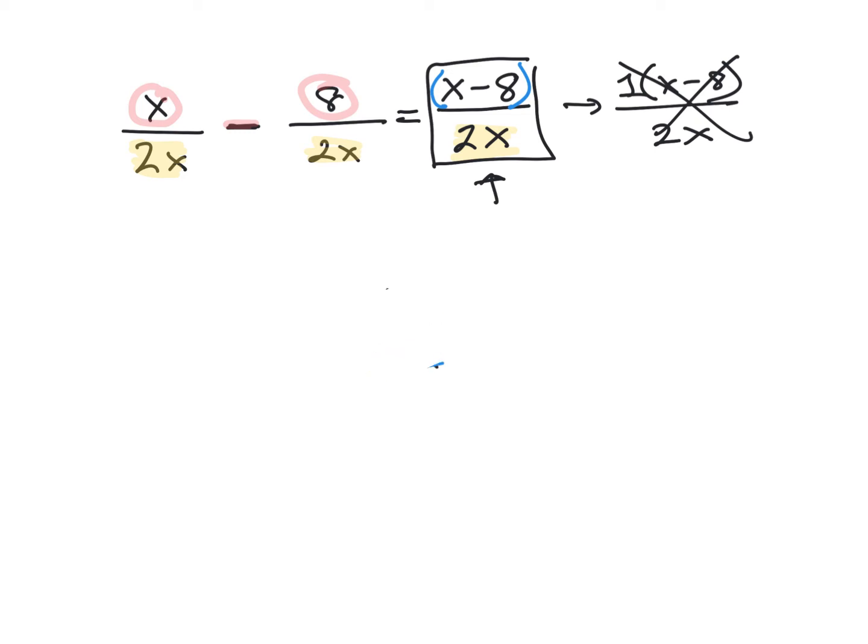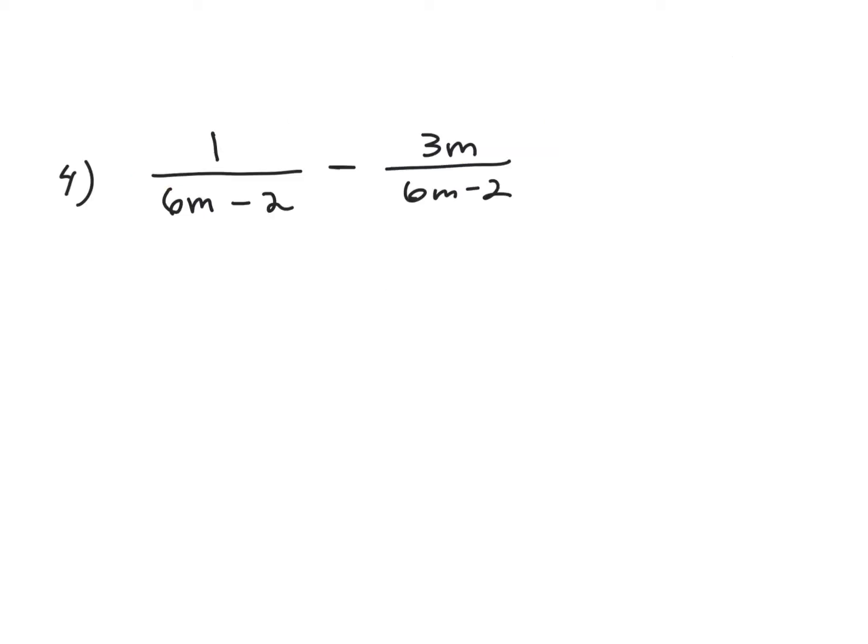Okay, let's see if you can do the next one. So what'd you do? We first notice that we have common denominators. Yay. So we keep the denominators the same, and then we're going to subtract the numerators.